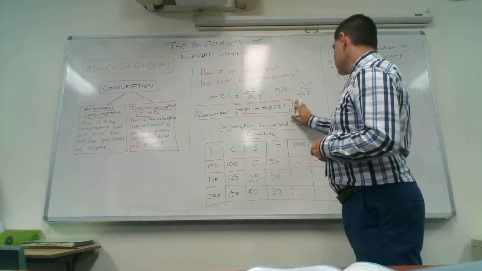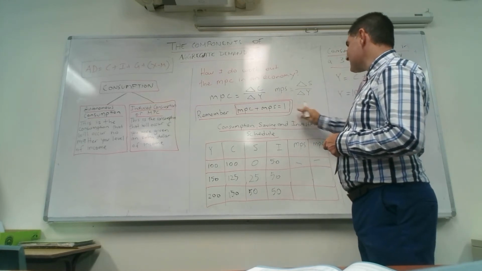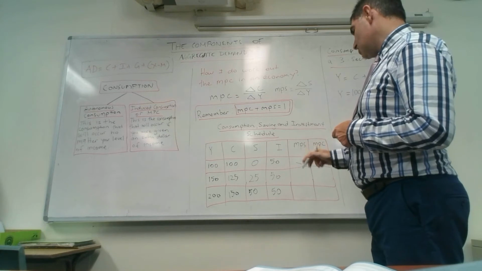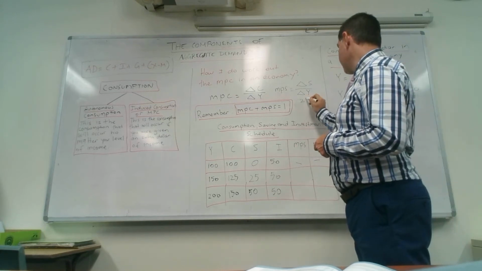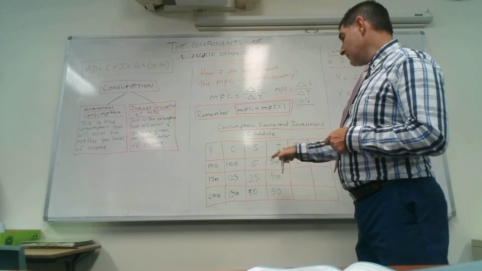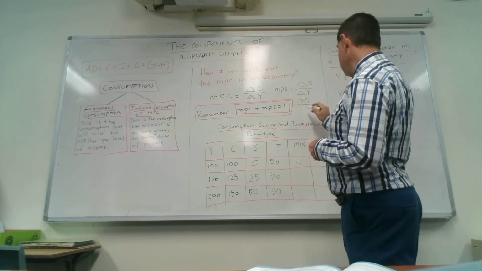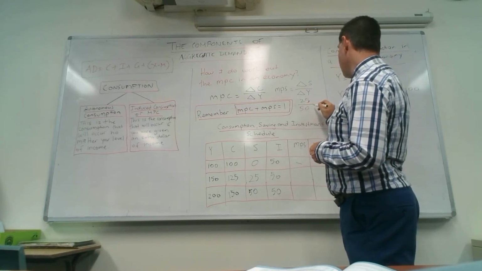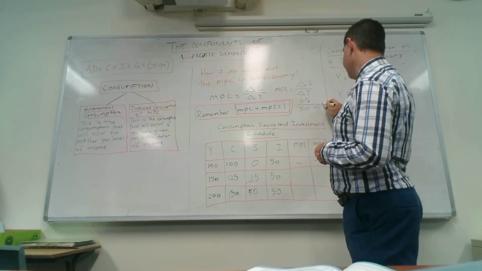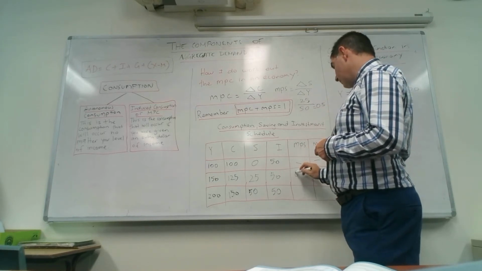Sorry, the change in savings, let's start again. The change in savings is actually going to be 25. The change in income is going to be 50. 25 over 50 is 0.5. So here we're going to put 0.5.